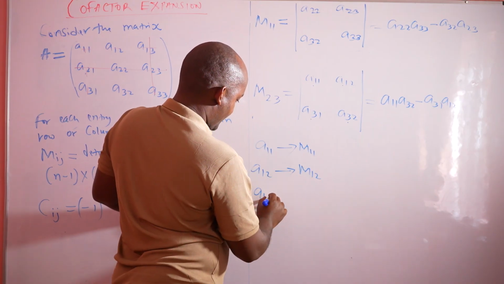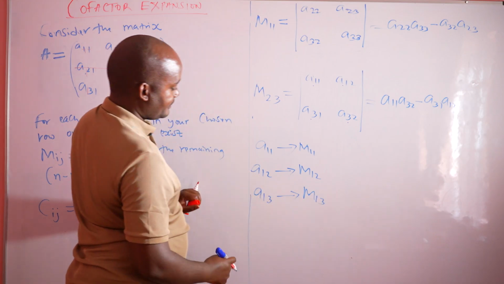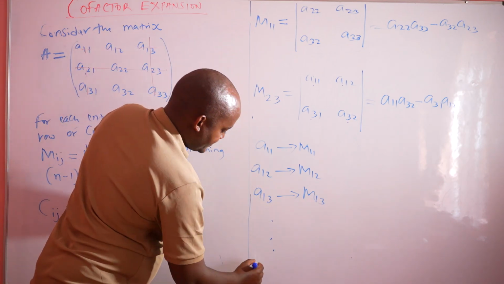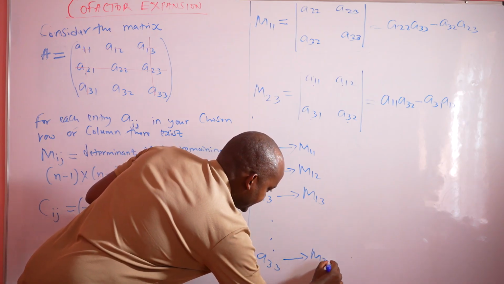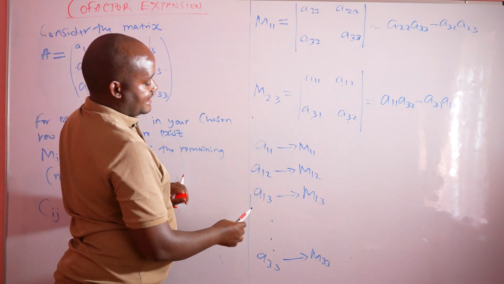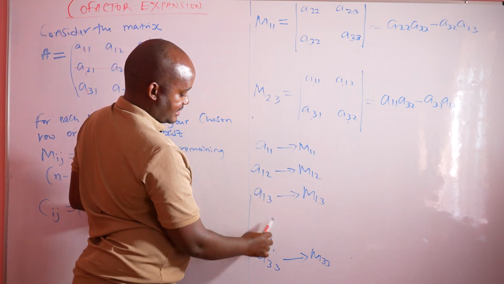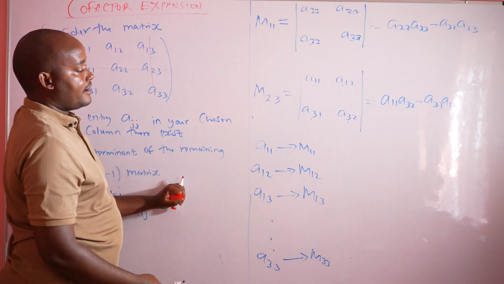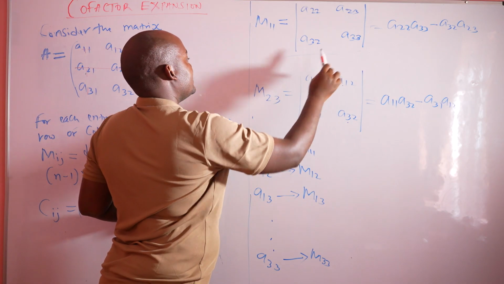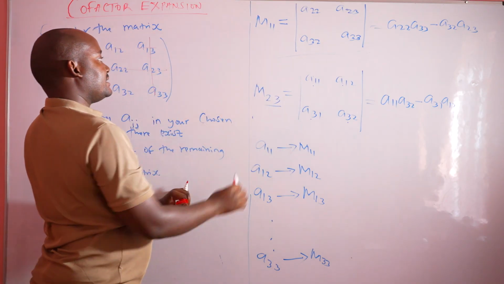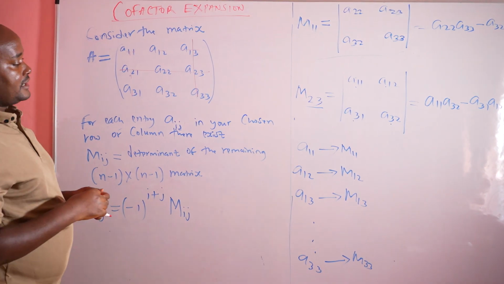When you talk of A13, we should think of the minor M13, and so on all the way to A33, which should give us our M33. So it is a minor corresponding to this entry, this to this, this to this, and all the way to the last one. And the minor is just a determinant like we've shown in this particular case here. You just singled out 2 cases, that is M11 and M23.